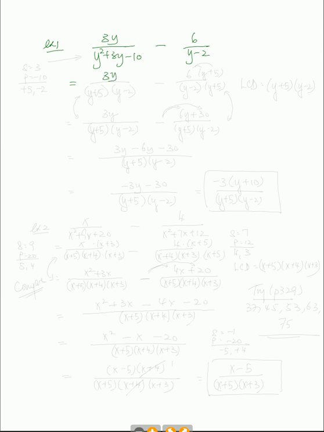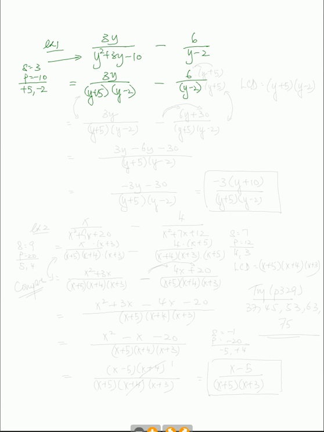So first and foremost, for me to get the LCD, I'm going to factor the denominators. And in this case, y minus 2, there's nothing I can do. But for this trinomial, the sum I'm looking for is 3, and the product I'm looking for is negative 10. So the two numbers that will work are positive 5 and negative 2. So it's going to be y plus 5, y minus 2.